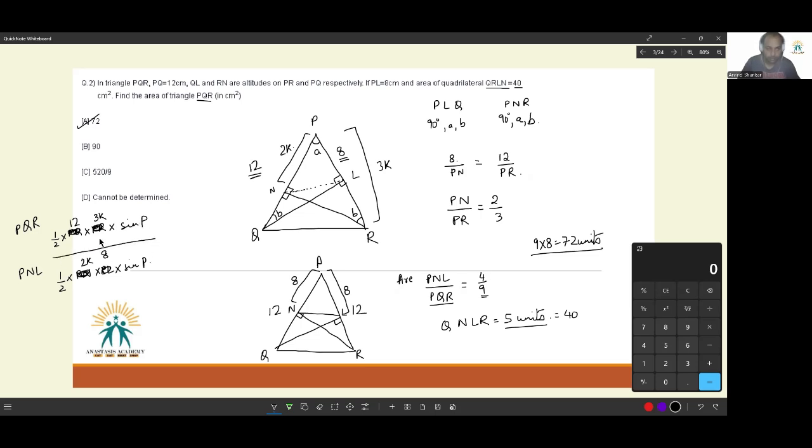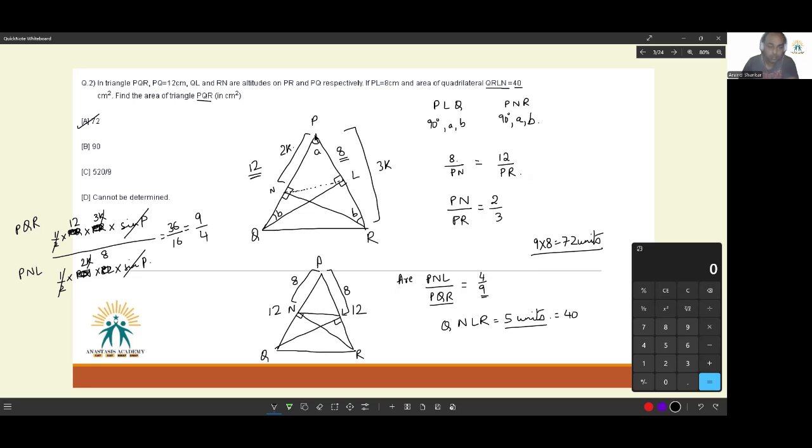So if I looked at the ratio, half and half will cancel, sine P and sine P will cancel, K and K will cancel. I'm left with 36 by 16 or equal to 9 by 4.